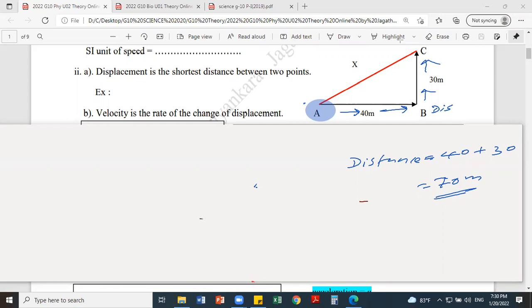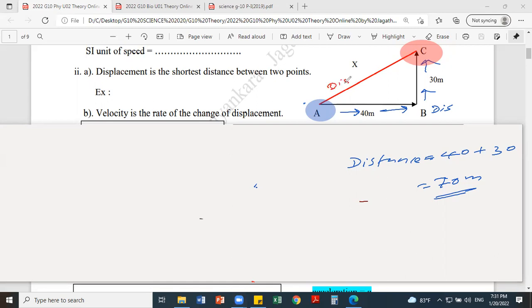Now look at the screen. Displacement through X. X will be the displacement, the shortest path. Now how can we calculate this displacement? Because they have not given the value.